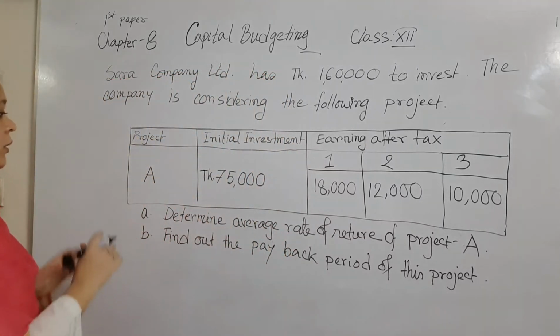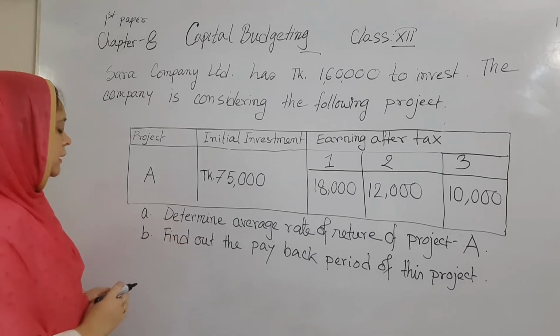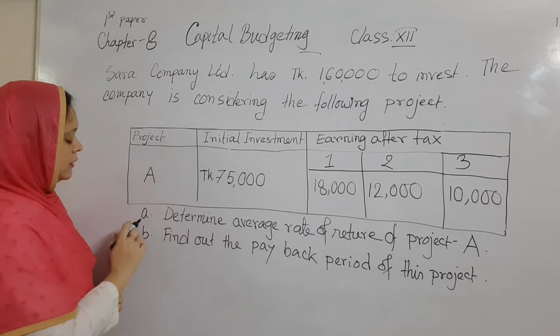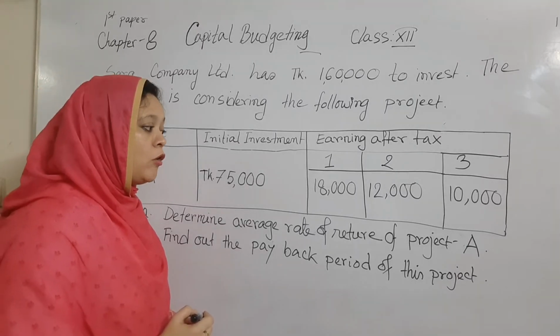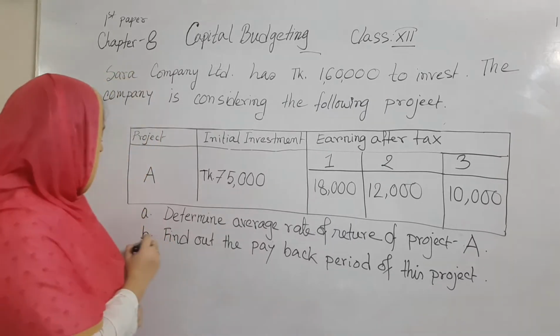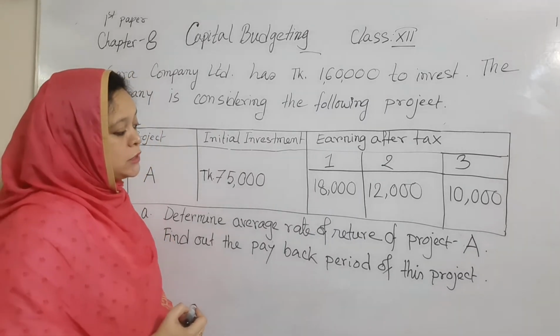So all these are the information of Sara Company. The requirements are: number A, determine the average rate of return of project A, and number B, find out the payback period of project A.